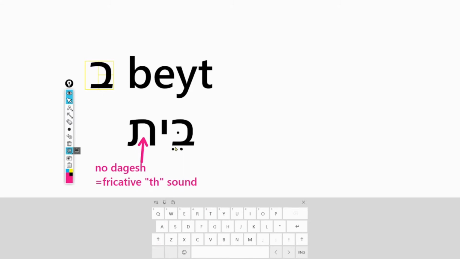And then we have a sere underneath, which carries the A sound. So that is bay, bait. But look at the tau. It's a fricative because it has no dagesh, so it gets the TH sound. So it's Beyt, like Beyt Lechem, house of bread.